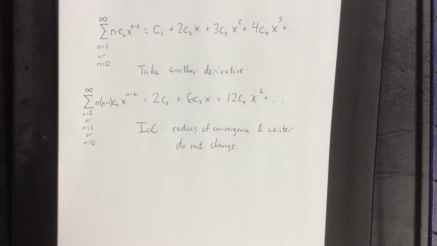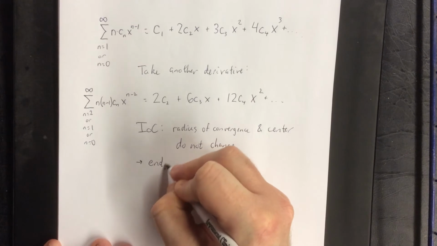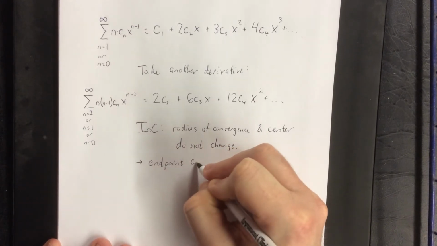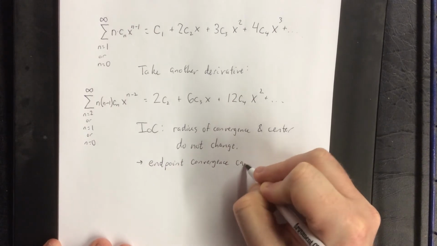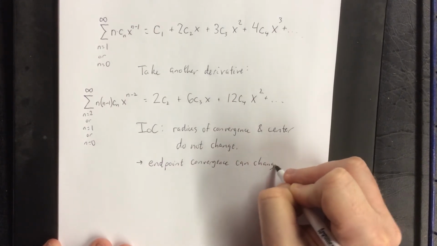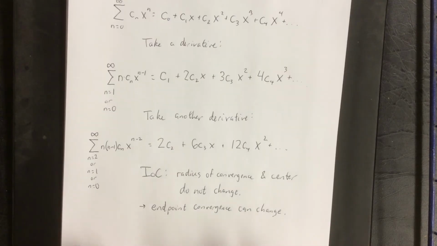The one thing that that does not account for is whether or not it converges at the endpoints. So endpoint convergence can change. What I'd like to do is demonstrate that with our most basic of examples.